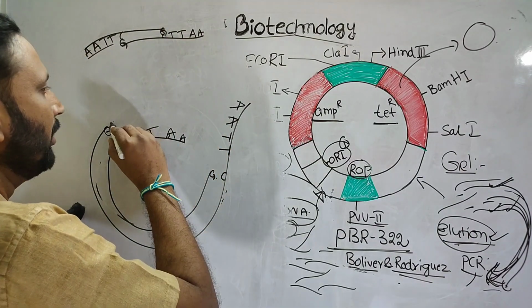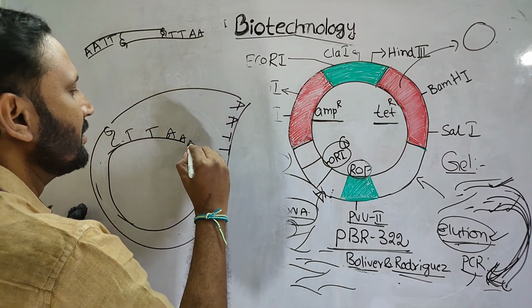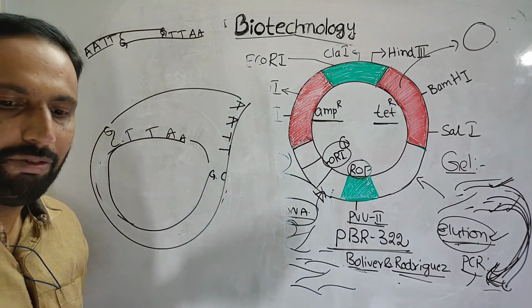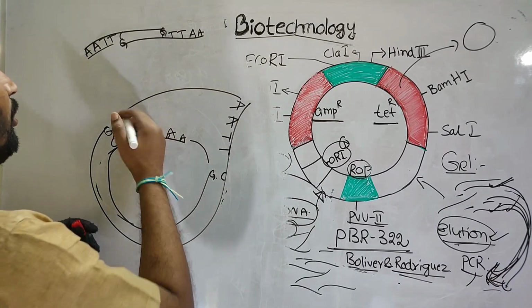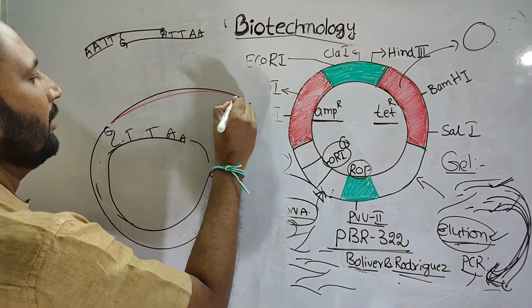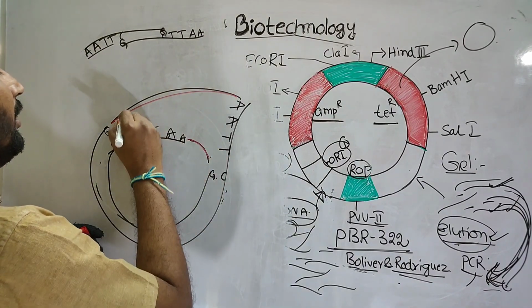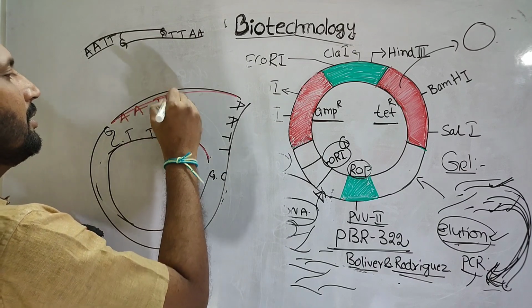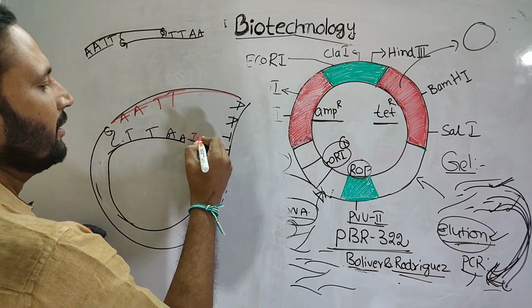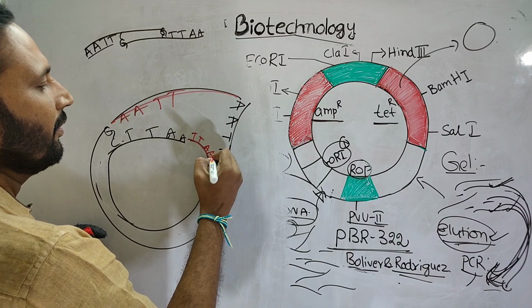Very, very important point. So this is the foreign DNA, with A, T, T here and like that T, T, A.